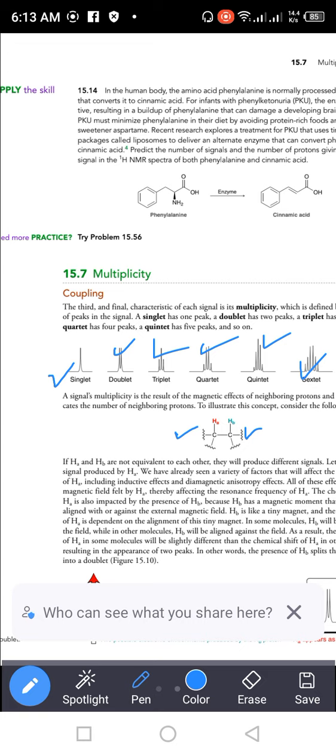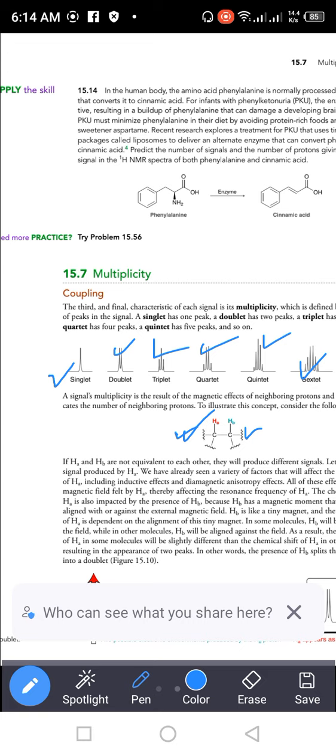So there are two possibilities. Suppose we are talking about the chemical shift of proton HA, and we also discuss the proton chemical shift with respect to neighboring protons. How many neighboring protons are there? When we talk about the chemical shift of HA, we look at how many neighbors HA has.